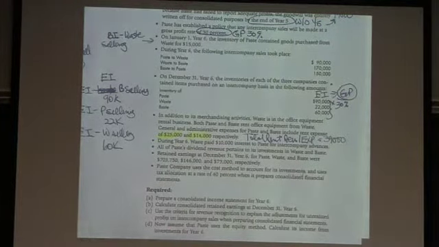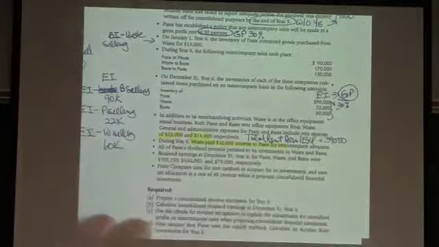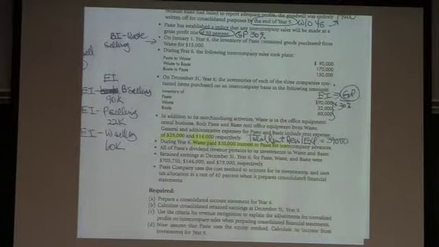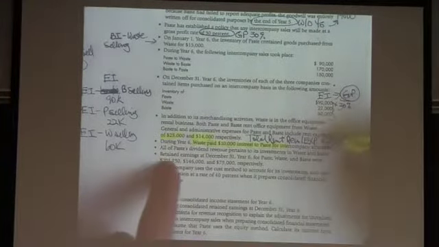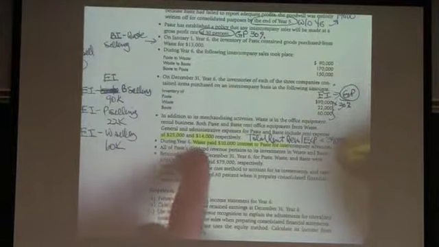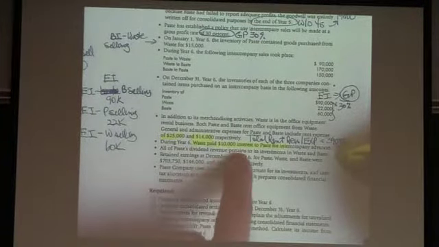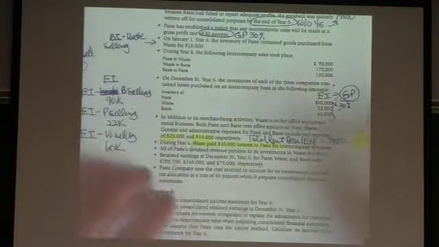So again, I need to eliminate this as well because you can't show interest revenue and expense separately if you borrow within the related group. Now it says all of P's dividend revenue pertains to its investment in W and B. So this dividend revenue I need to eliminate as well.